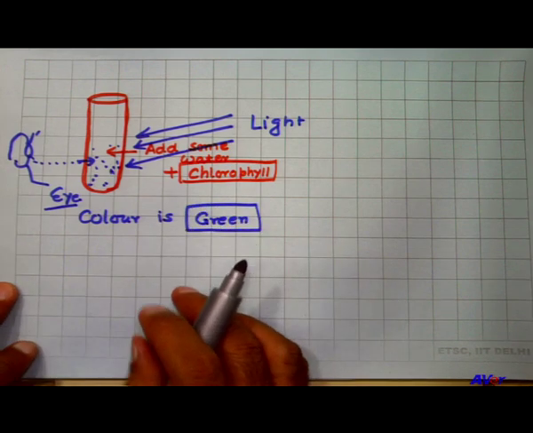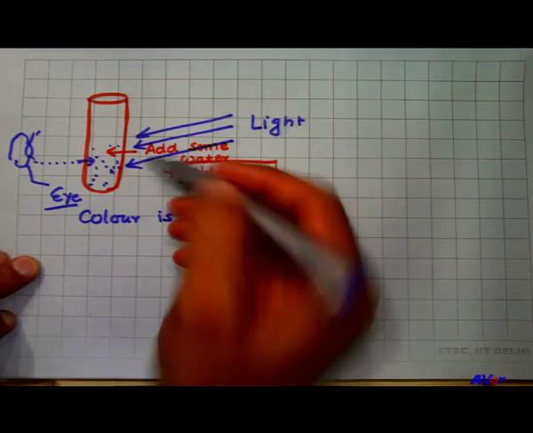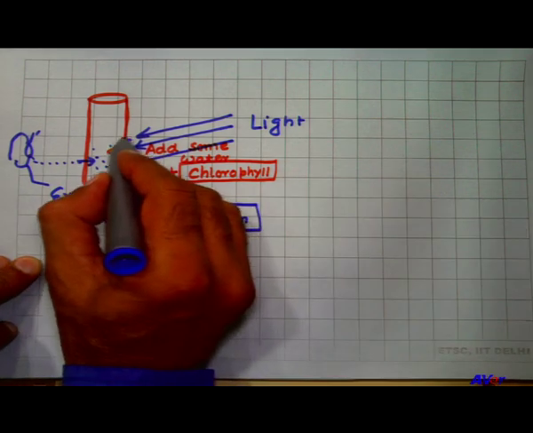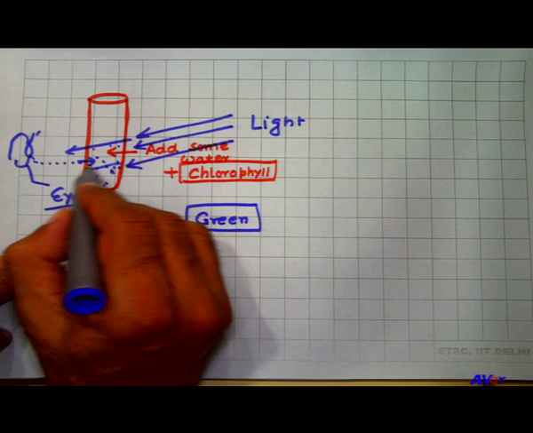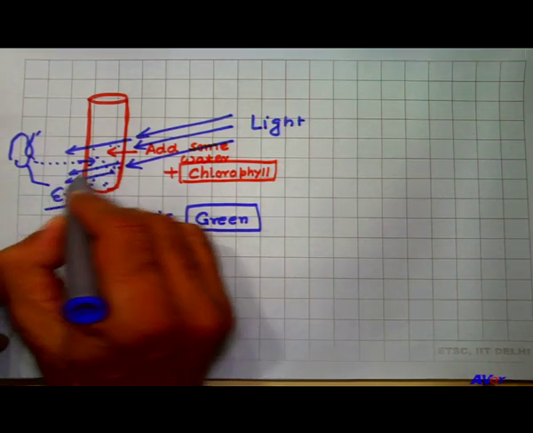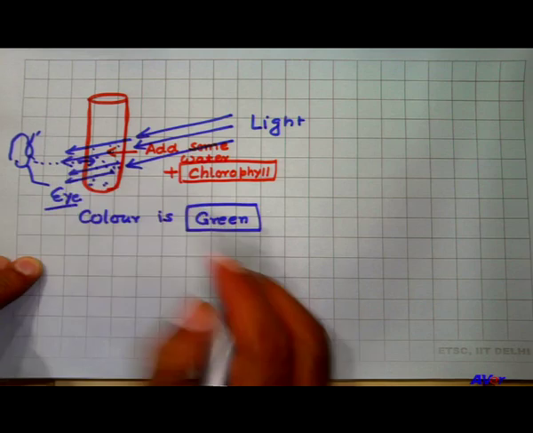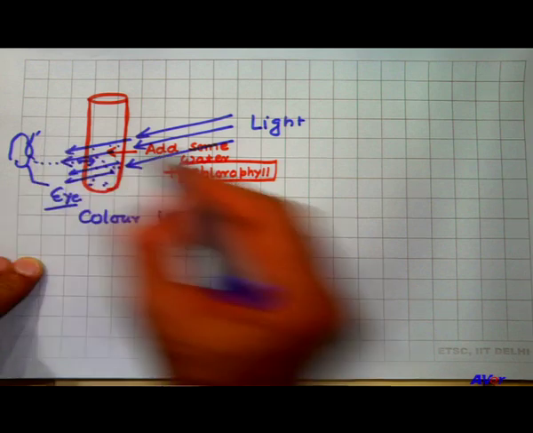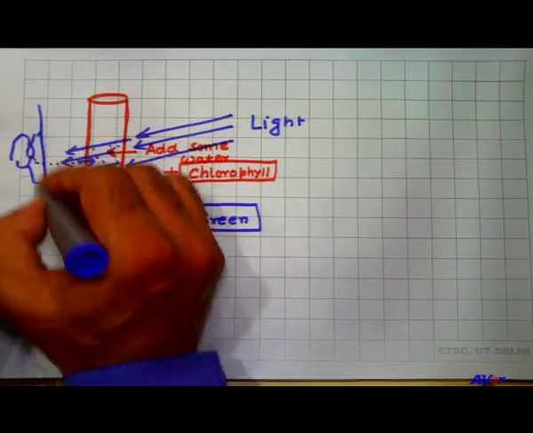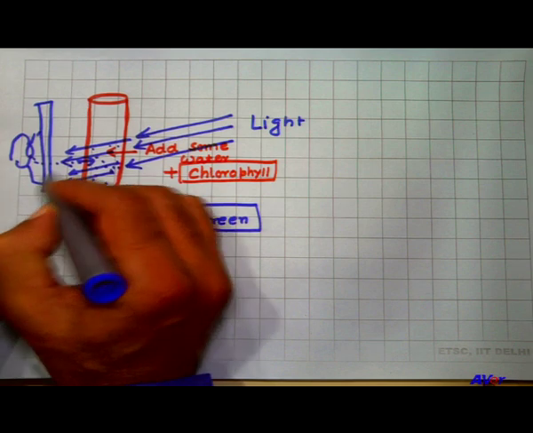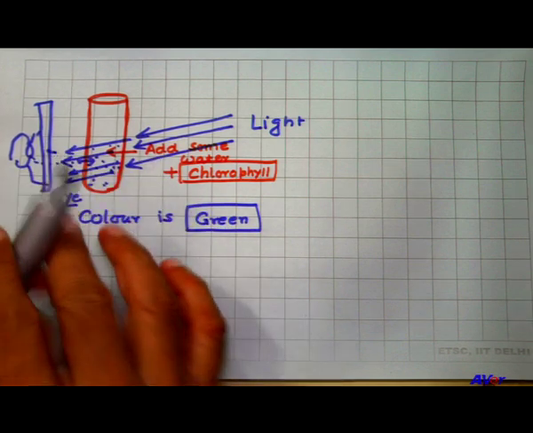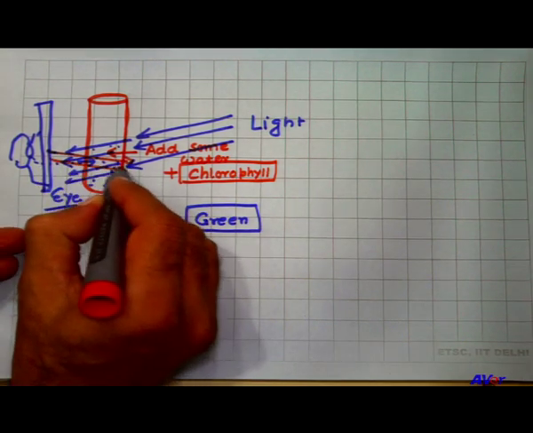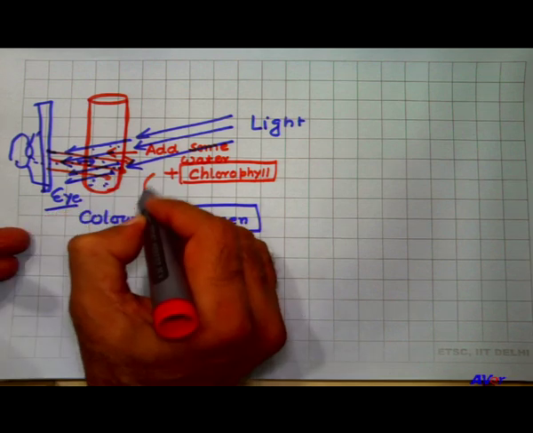So, here we can discuss when the chloroplast or the chlorophyll is visualized under the transmitted light, it looks green. But when this light is reflected, where some opaque mediums are there, it returns back and our eyes are here.